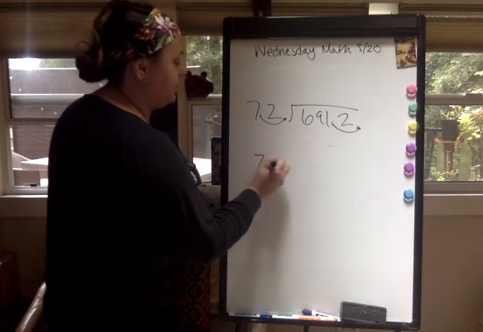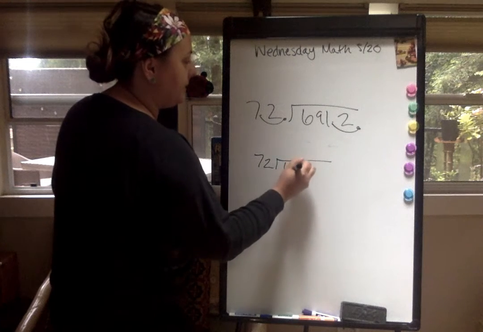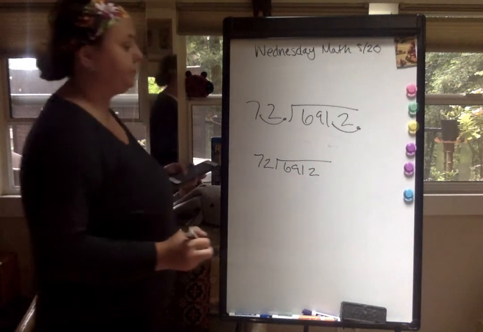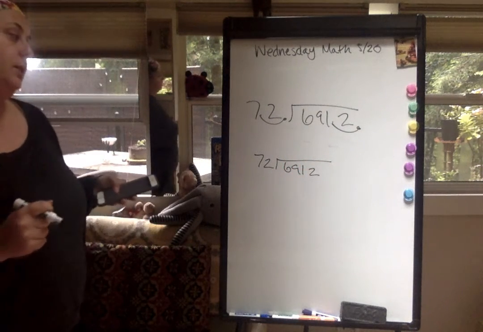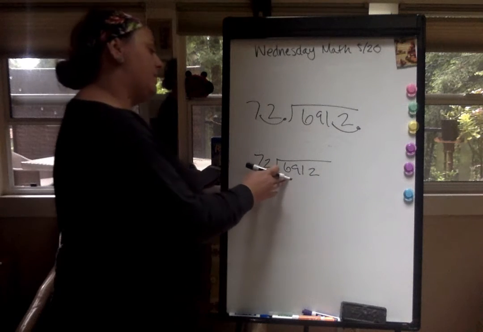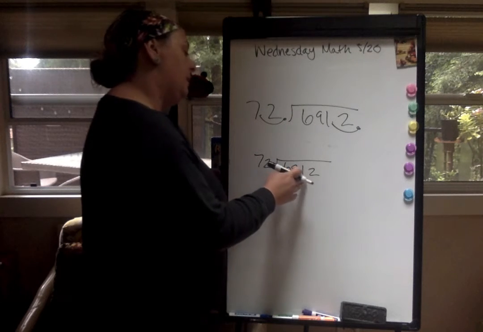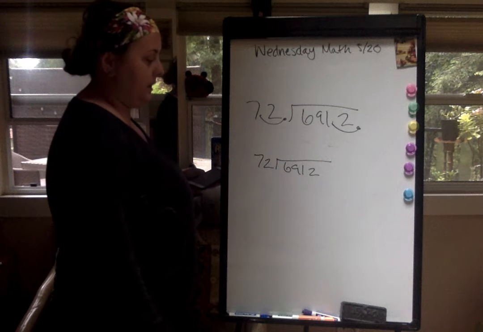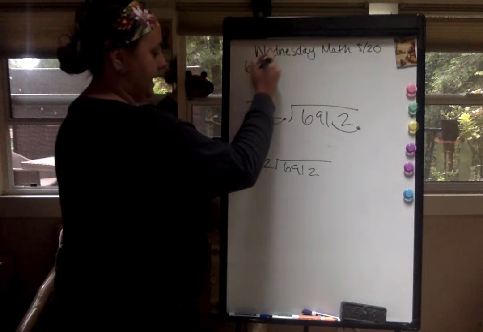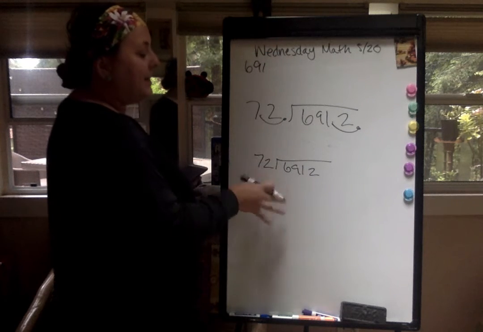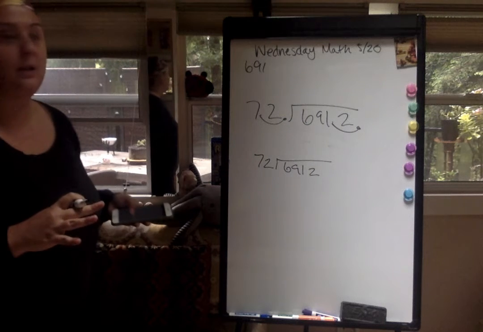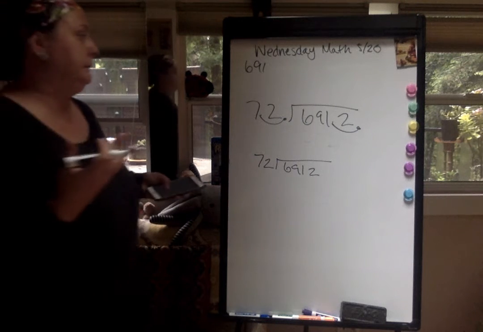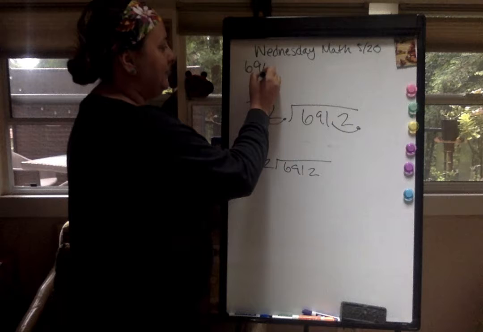So we've got 72 divided by 6912. At this point, it's just long division. So I know that 72 doesn't go into 6, it doesn't go into 69, but it does go into 691. So I'm going to guess. I'm thinking 72 goes into 691 about maybe 7 times.